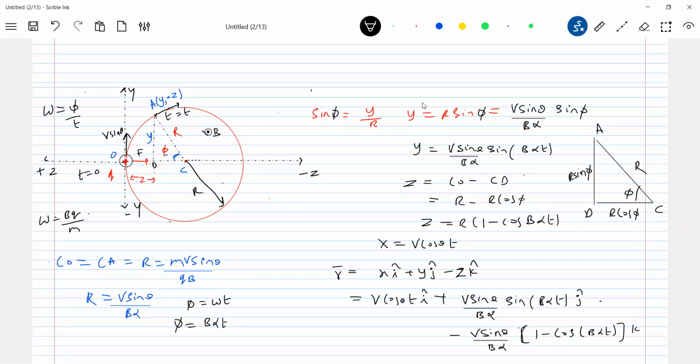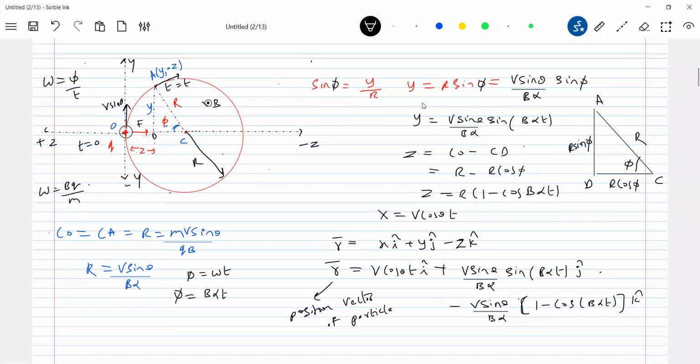This will be k cap. Okay, this is the position vector of the particle. Is that okay? So at any instant of time, what is the position of the particle? Substitute that t, you are going to get this one.